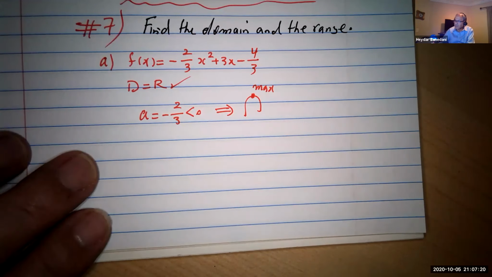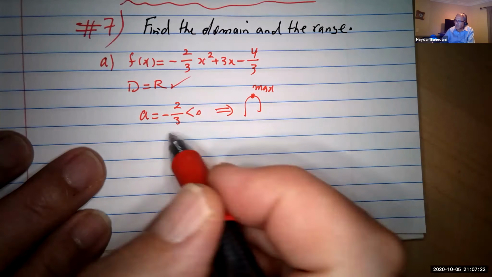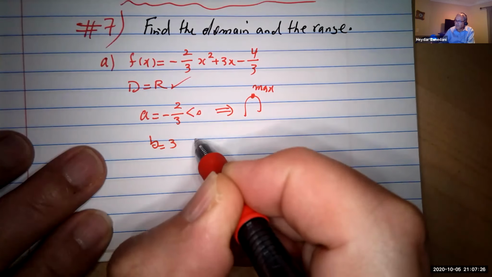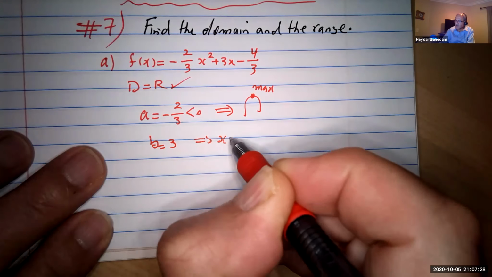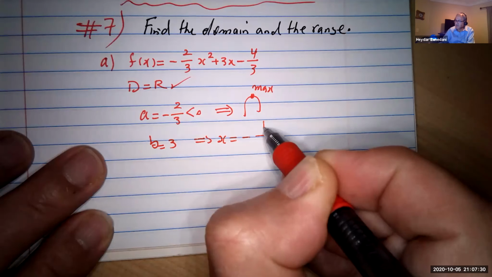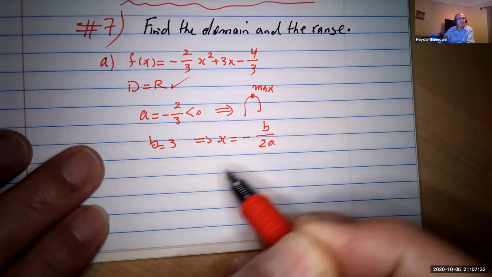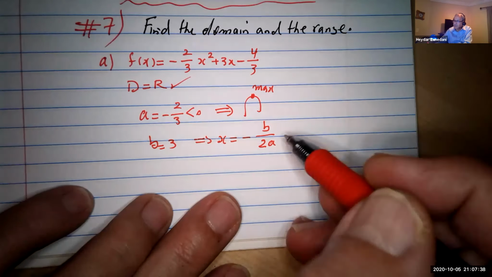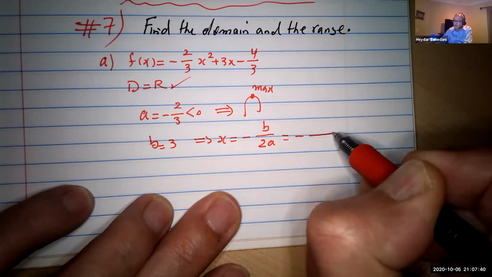Okay, so you go for it. This is your a, and the b is equal to 3. So we have to find x equal to -b over 2a. You've got to be patient for this one, with some fractions, but it's not a big deal. It's a negative.